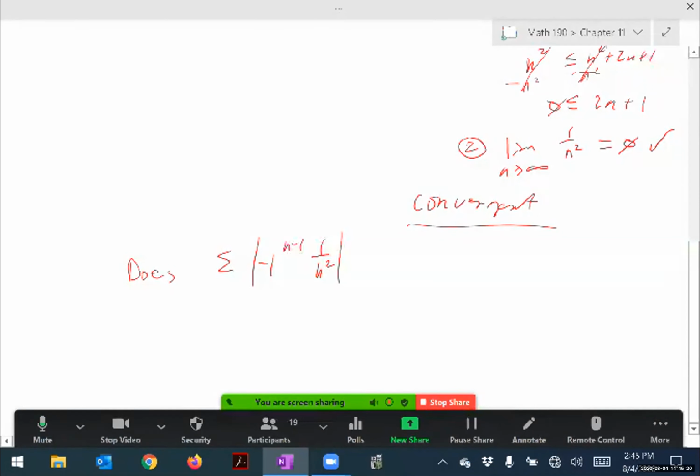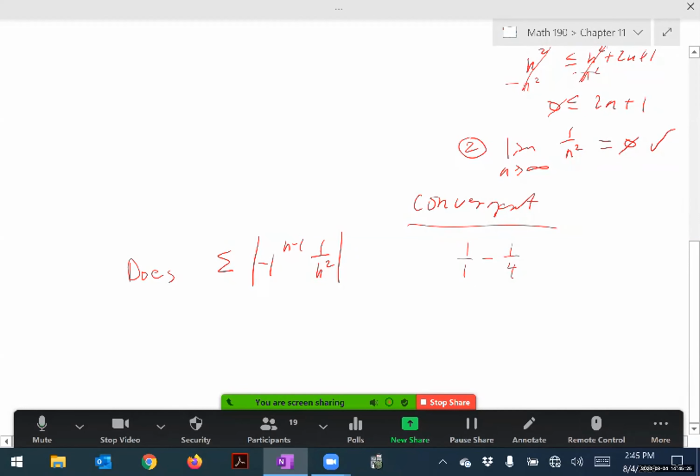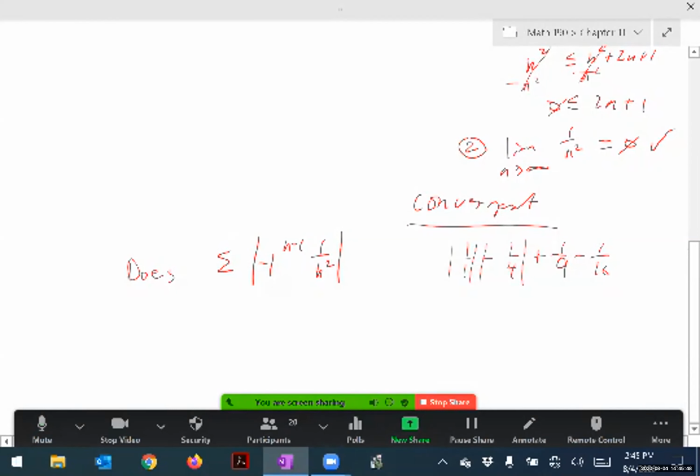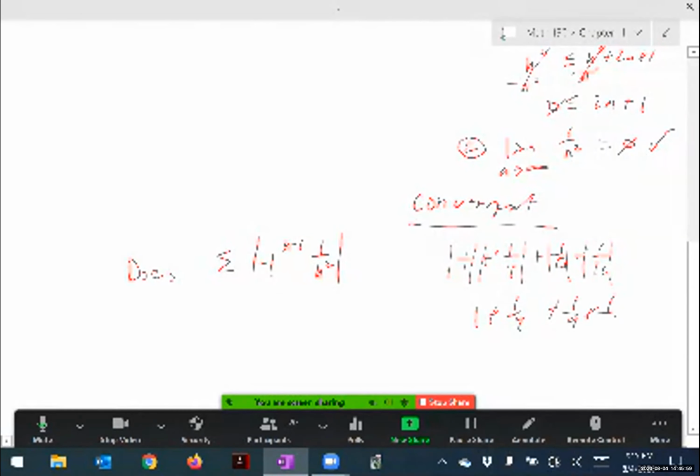Instead of 1 minus 1/4 plus 1/9 minus 1/16, taking absolute values we get 1 plus 1/4 plus 1/9 plus 1/16.